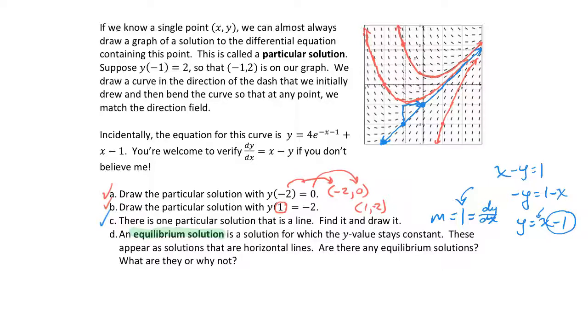Well, if I plop it down here, it's going to go down. That doesn't work. No matter where I place it, it seems like it's going to go down. Oh, there's a place where it's kind of flat. But if I move it over here, then there are places where it's going down. So there are no equilibrium solutions, sadly.